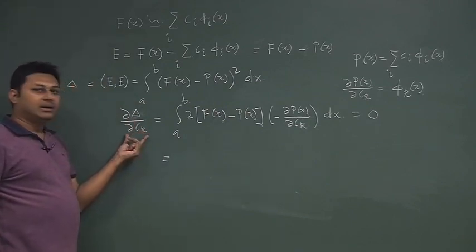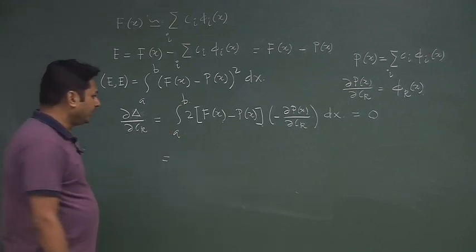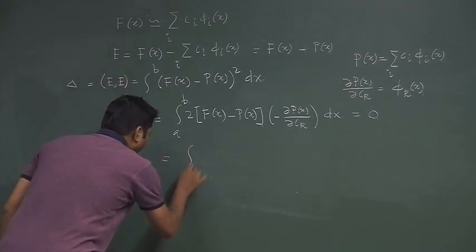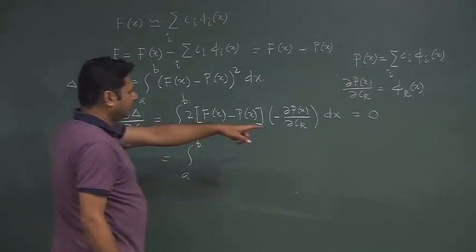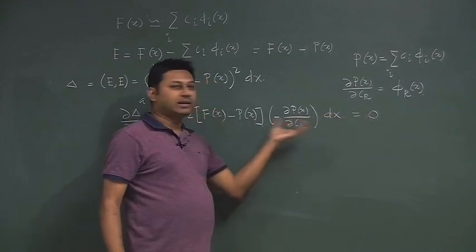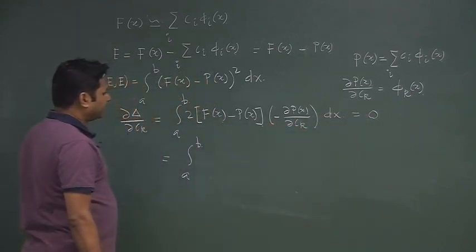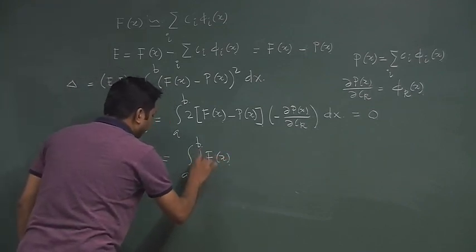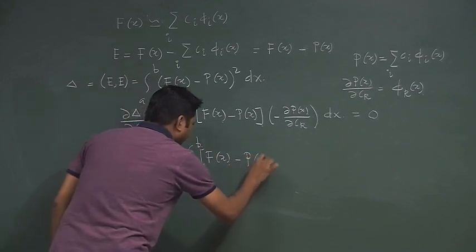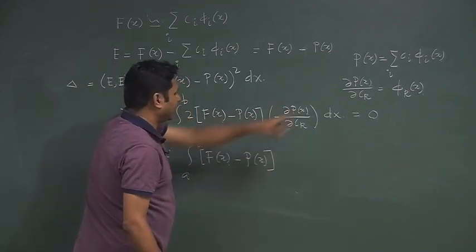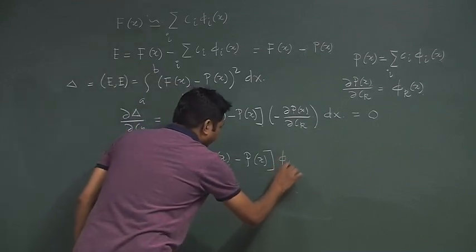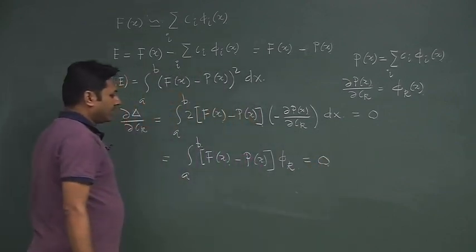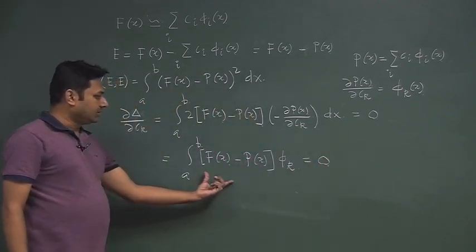So, this is my condition for minimization. Finally, the 2 and the minus sign will be absorbed, because the right hand side is 0. So, I will have the integral from a to b of (f(x) minus p(x)) multiplied by phi_k, which is equal to 0. This equation I have.